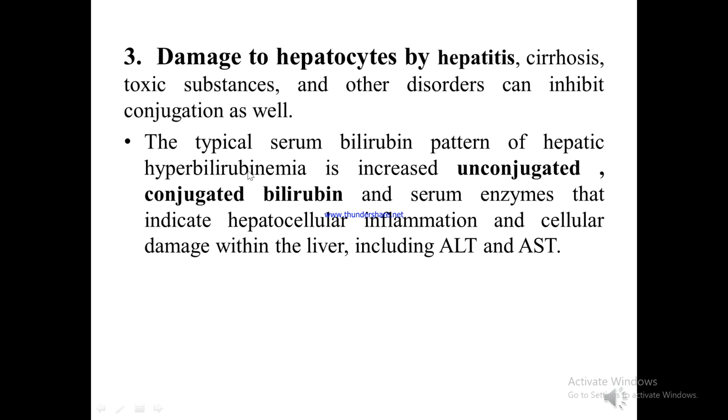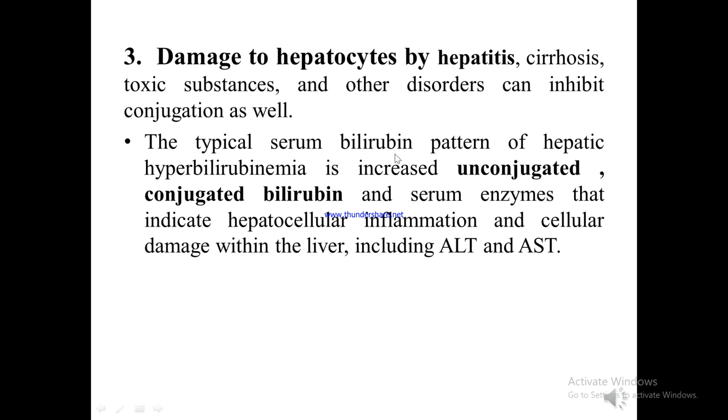The third type of hepatic hyperbilirubinemia is caused by damage to hepatocytes. Hepatocyte damage may be caused by viruses, toxic substances, or abnormal metabolism, such as hepatitis, cirrhosis, toxic substances, and other disorders that can inhibit conjugation steps.